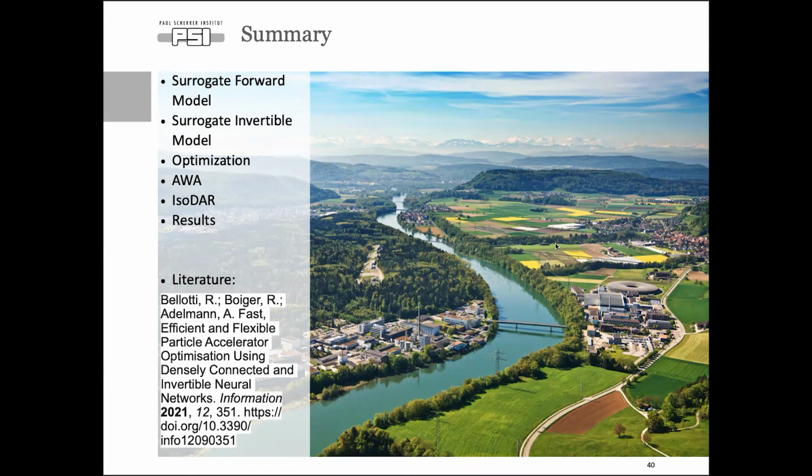But the proposed methods, of course, for building these models are general enough to be applicable to any kind of particle accelerators. And such fast surrogate models enable now maybe also online and real-time multi-objective optimization of particle accelerators.